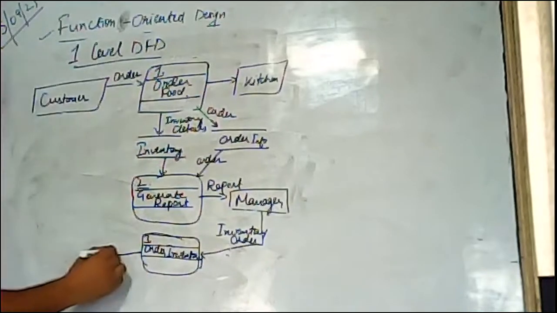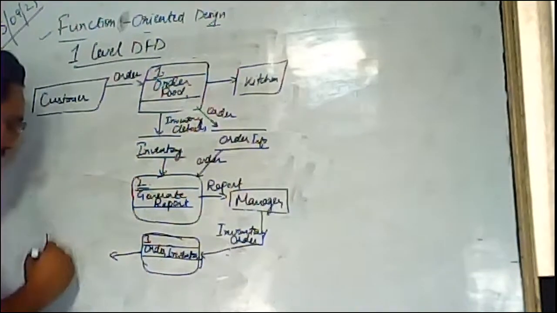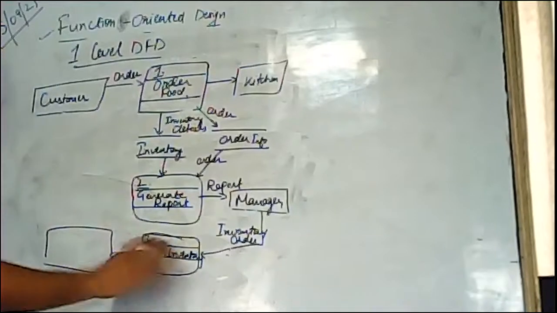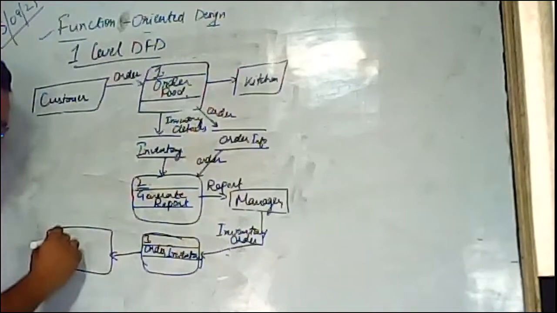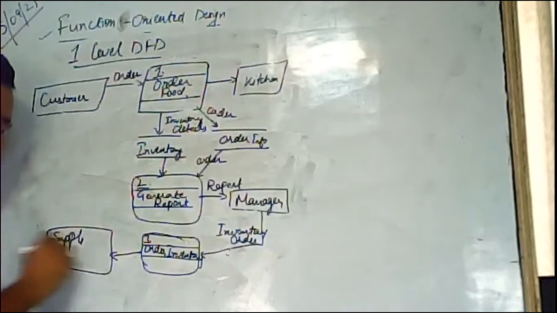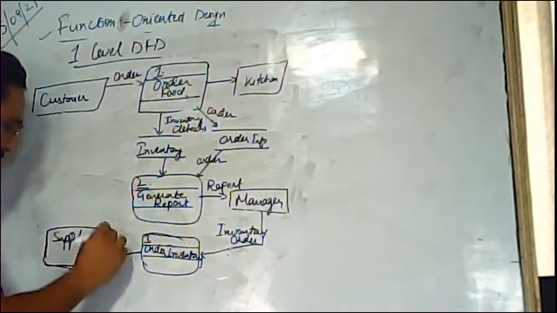Then it will go to your supplier. After preparing all your food, it will go to the supplier entity. This is your entity.